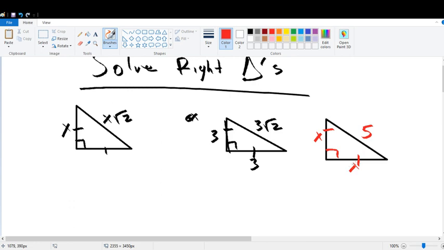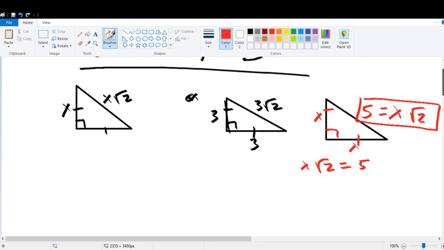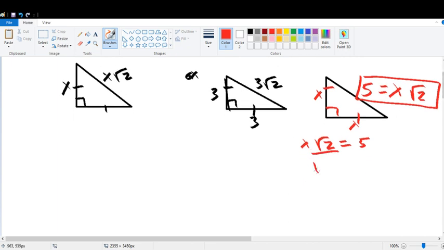I'm going to have to work backwards here. I know that the hypotenuse is going to equal whatever the legs are times root 2. So that becomes the problem that I have to solve. X times root 2 equals 5. And to solve for x, I have to divide by root 2 on both sides.